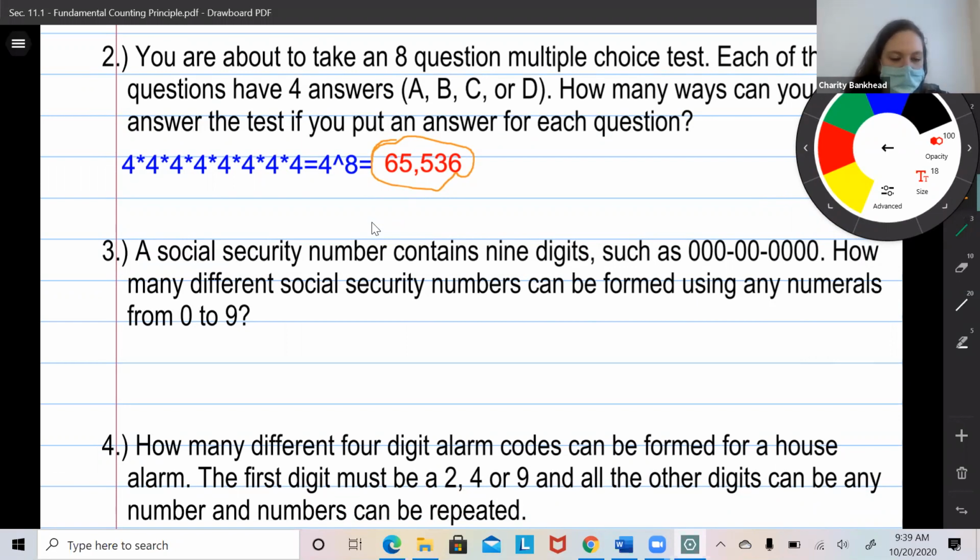All right, number 3 says a social security number contains 9 digits. So in that format, how many different social security numbers can be formed using any numerals from 0 to 9? Okay, so from 0 to 9, that's 10 options.